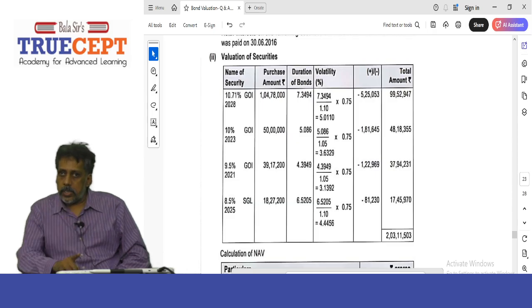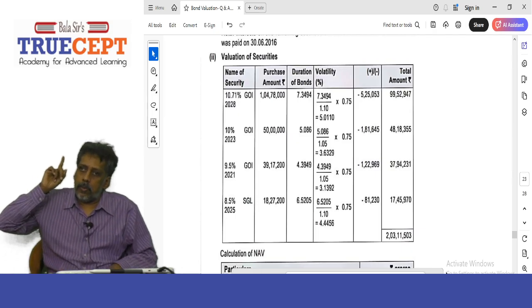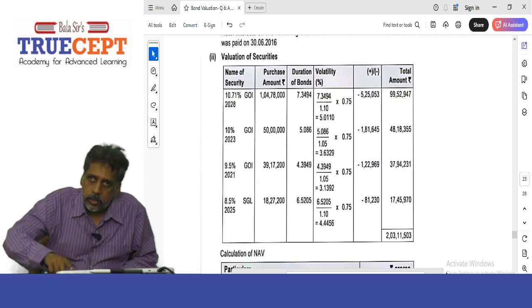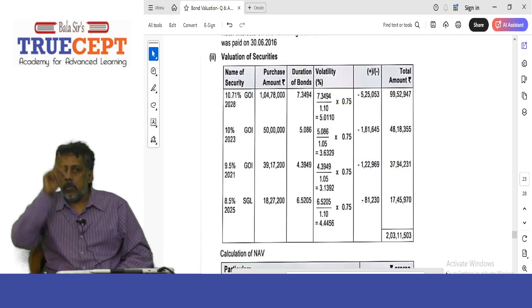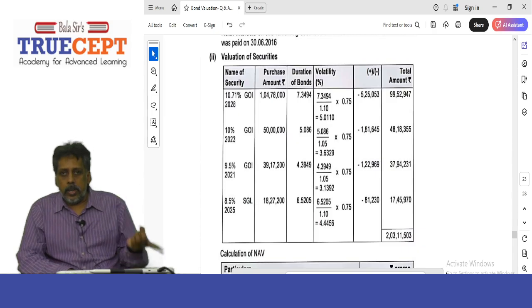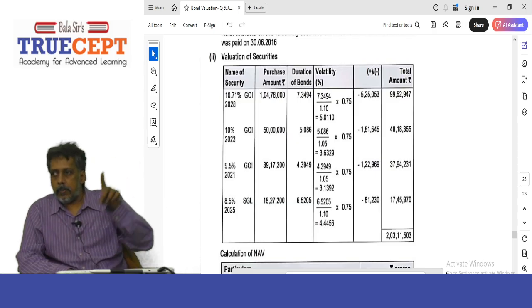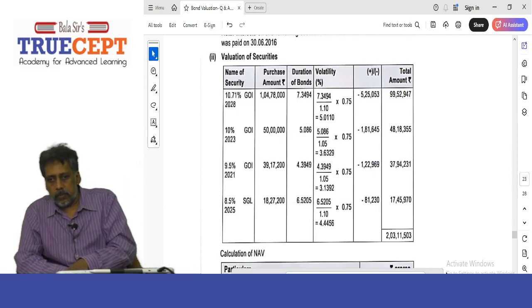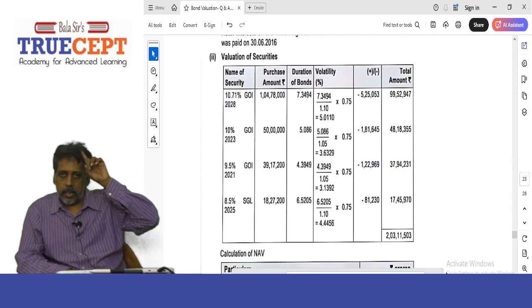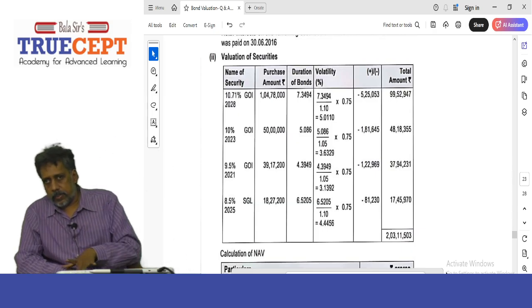Then the duration given is 7.3494. Now what you should do, I am supposed to find the modified duration. But what they did, they made one column showing the bond's volatility after a 75 basis point change. But I'll tell you what you should understand. Take a calculator, guys.